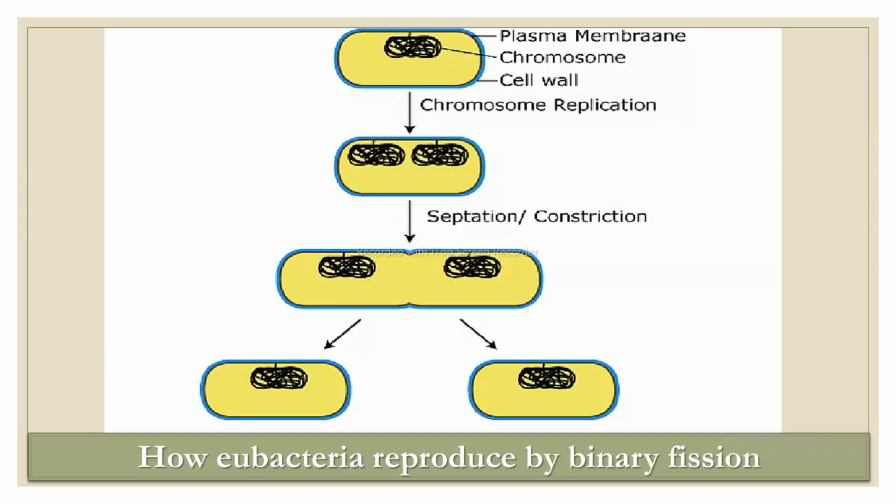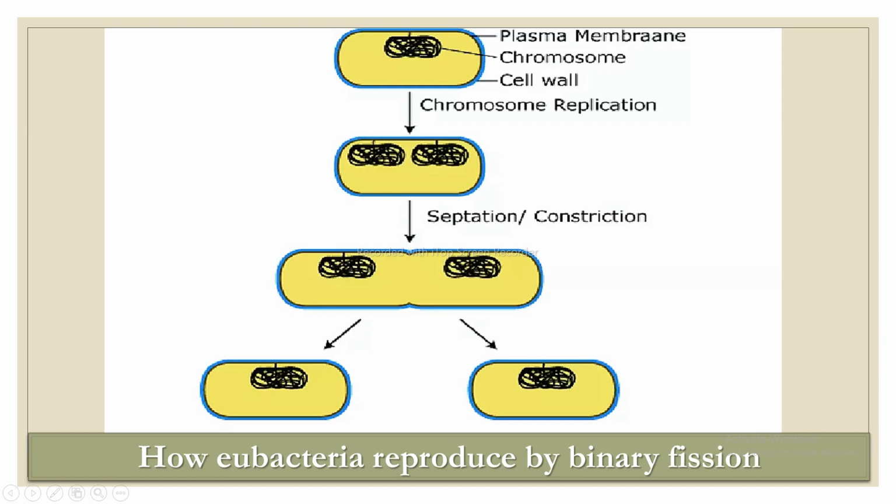So this is the question, how the eubacteria reproduce by binary fission. This is plasma membrane, this is chromosome and this is cell wall of the eubacteria. Now the chromosomal replication first takes place.